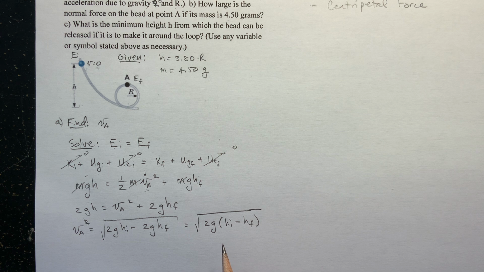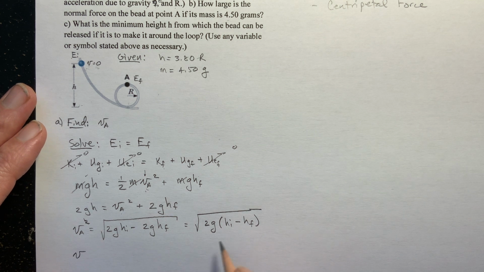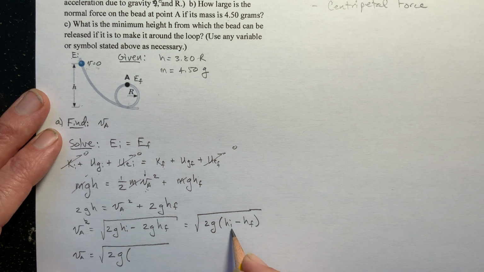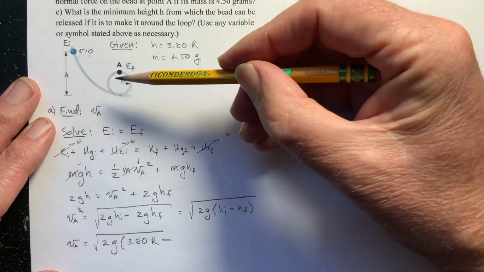Now I know something about these heights. They gave us some information about that because we want to do this in terms of the radius. So the velocity at A is equal to the square root of 2 times g. My initial height is given to be 3.80 times the radius. And my final height, what is my final height?